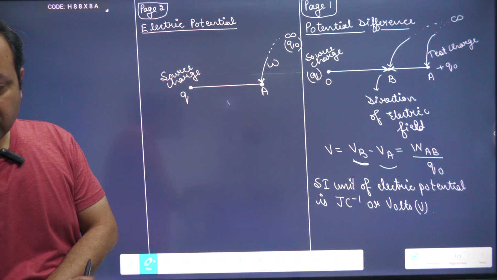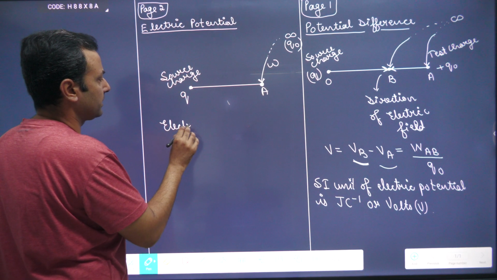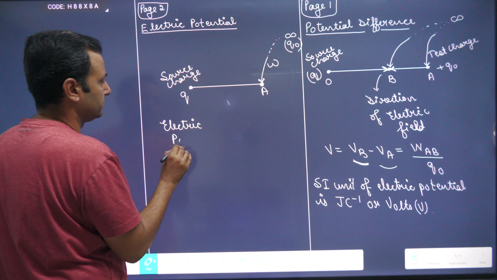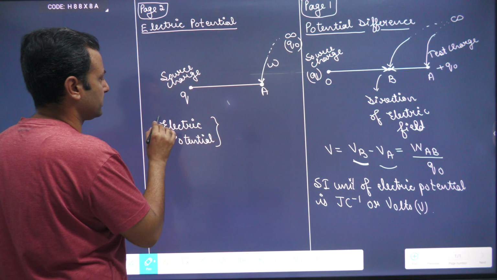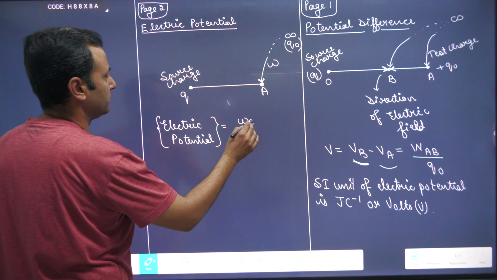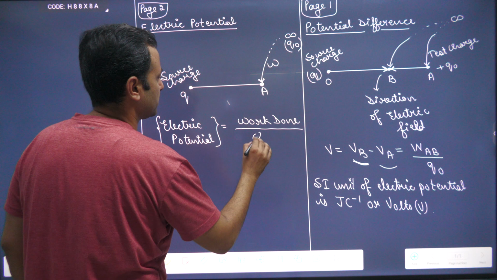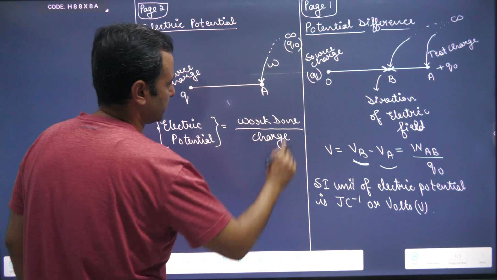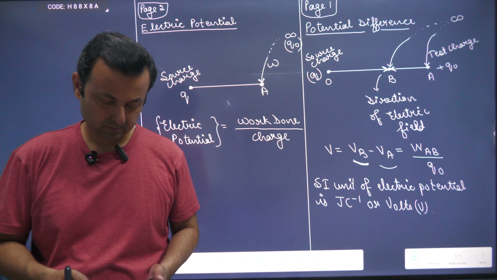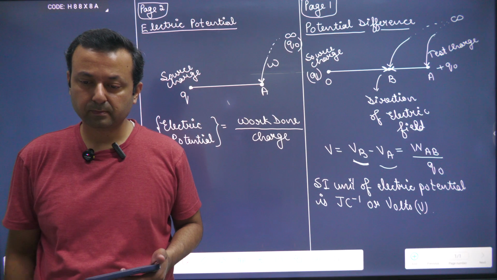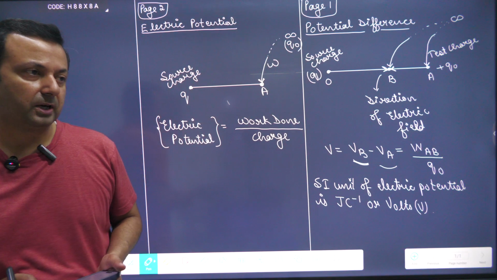So electric potential is equal to work done per unit charge. Mathematically, electric potential is equal to work done upon charge. All right, is this clear to you? Okay. Next topic is electric potential due to a point charge.